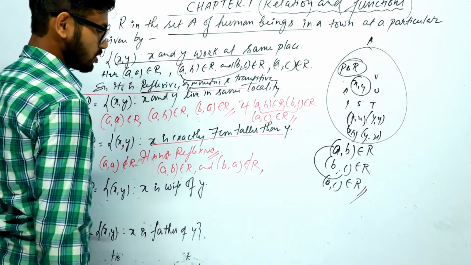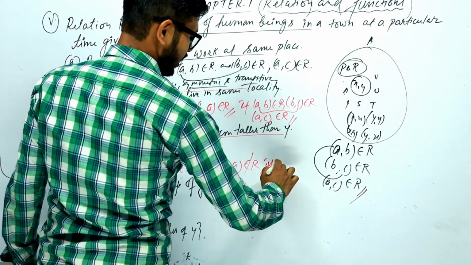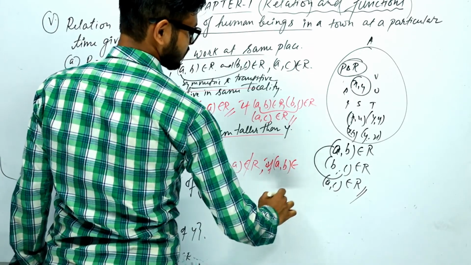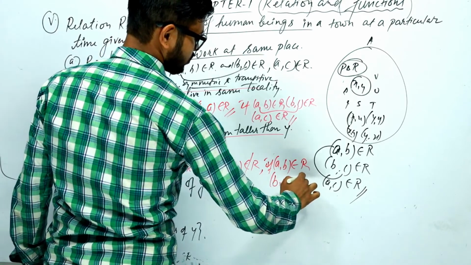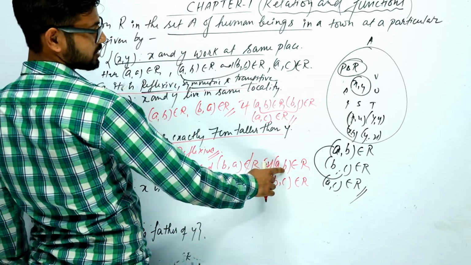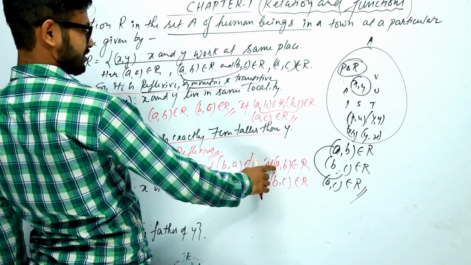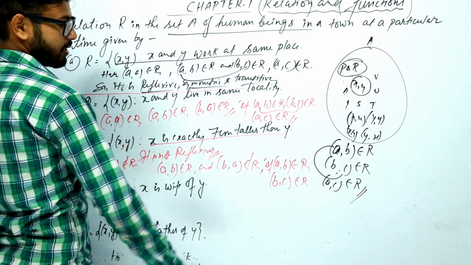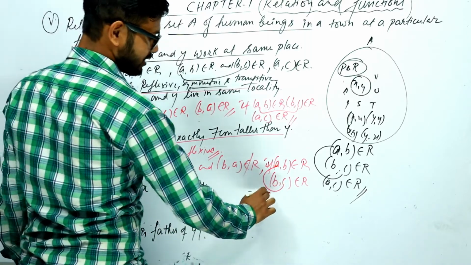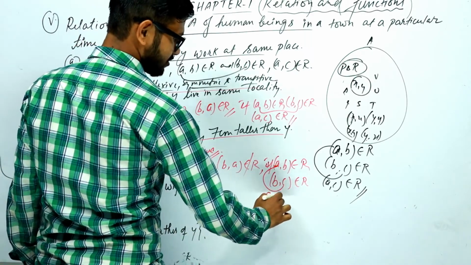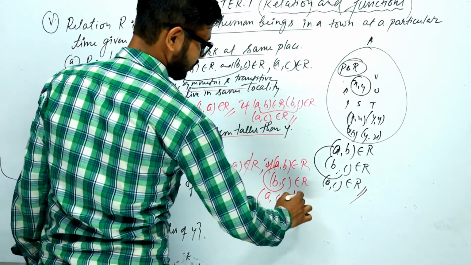Third is also not possible, because why? If a comma b belongs to R and b comma c also belongs to R, a is 7 centimeter less than b and b is 7 centimeter less than c, then is a 7 centimeter less than c? No, definitely not.